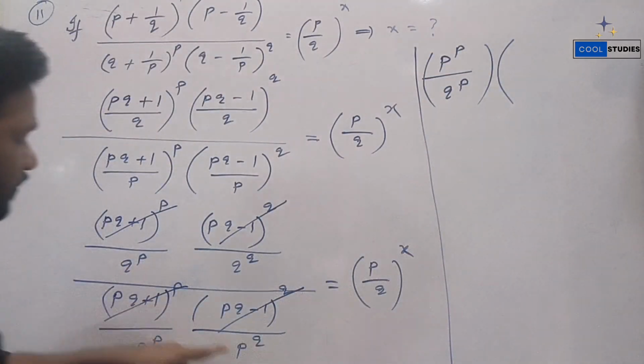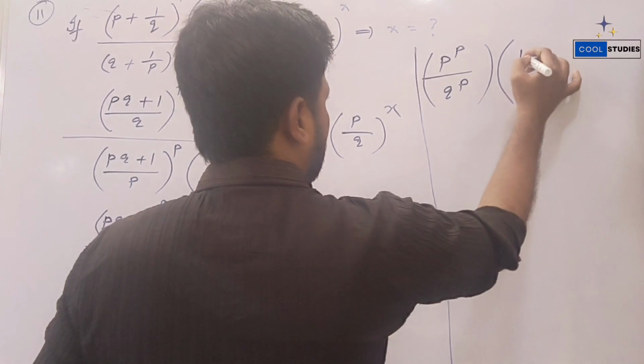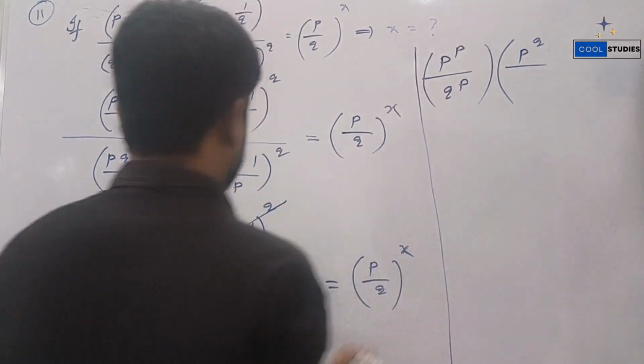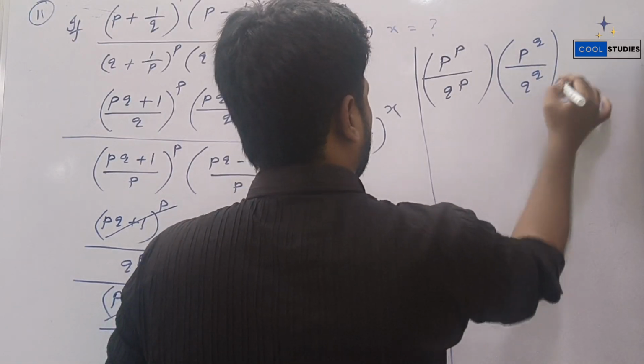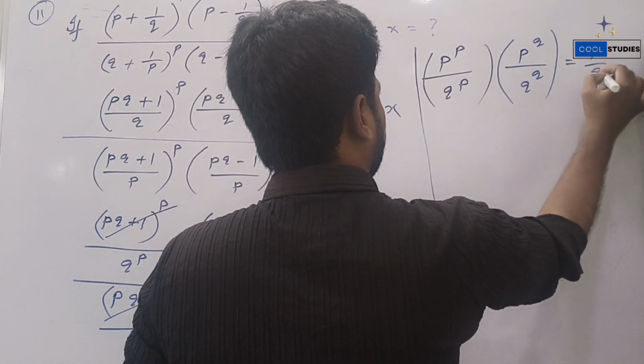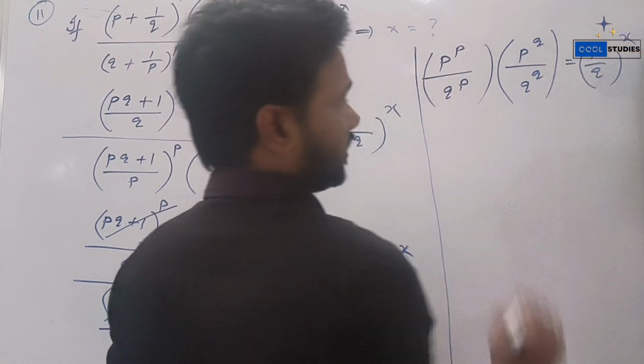Next term, p power q, by denominator q power q, is equal to (p by q) whole power x.